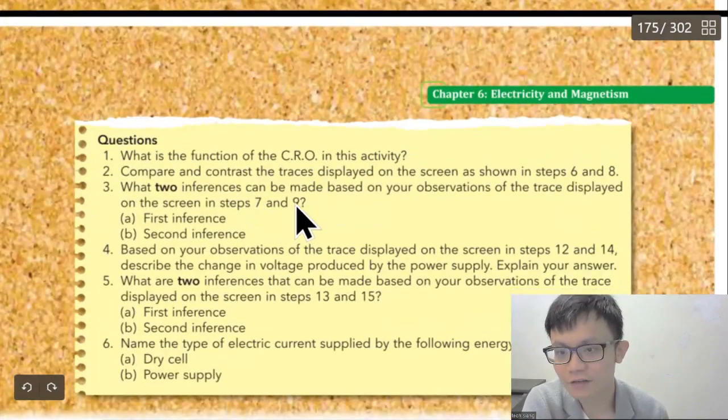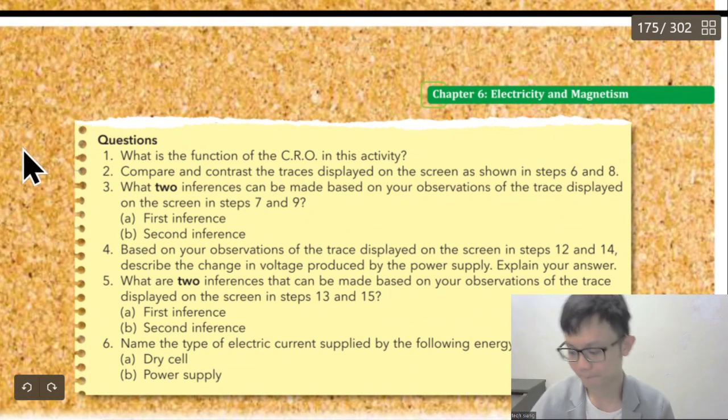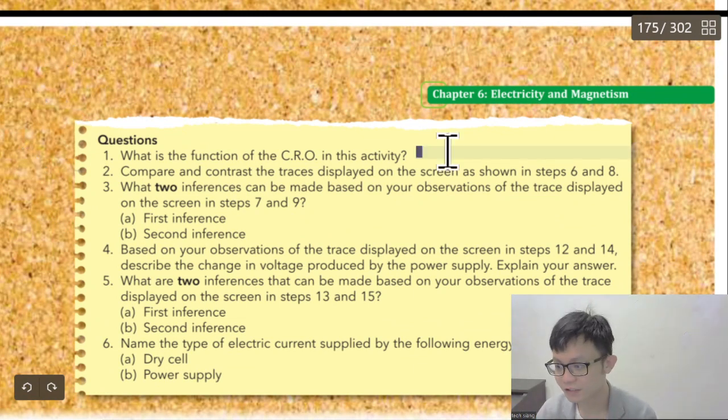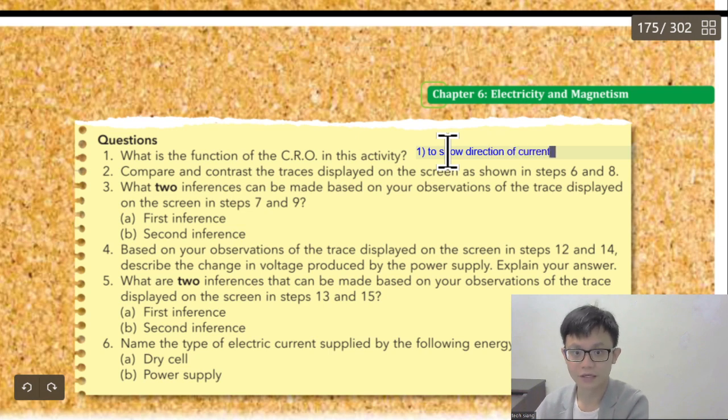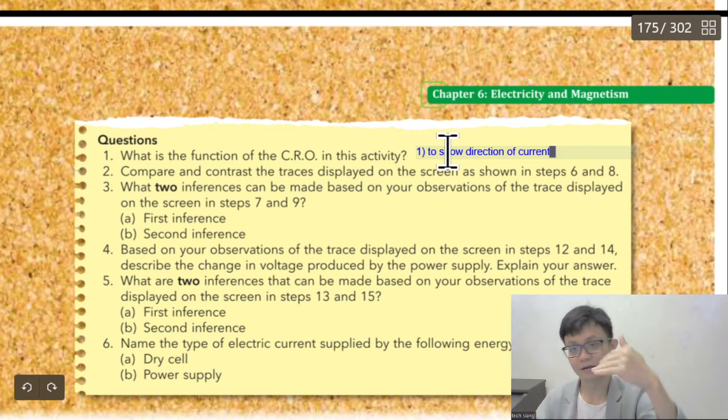Okay, what is the function of CRO in this activity? So what is the function of CRO? Maybe we can say there are two functions. To show the direction of current, because if the current goes on top first, I know it's like that. If the current goes behind, the current will go at the bottom of the graph.